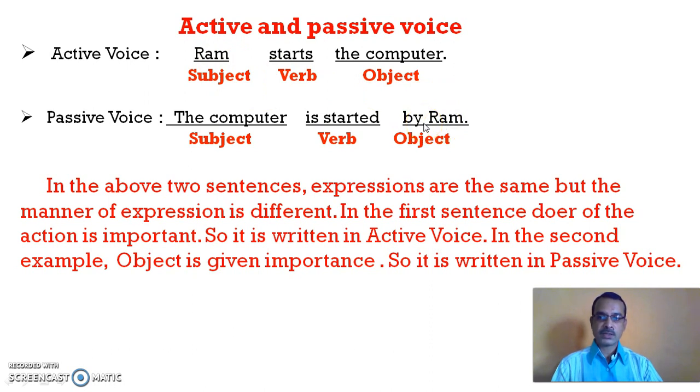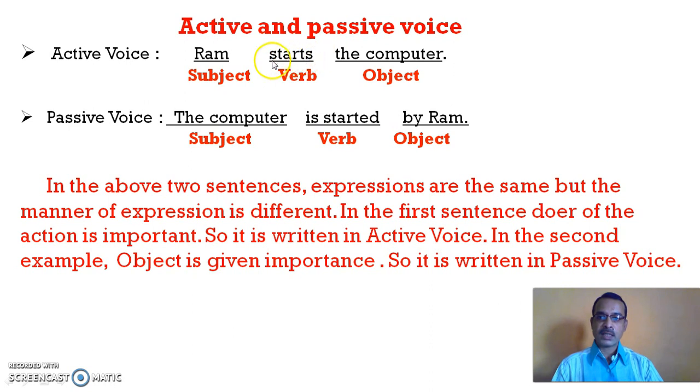It is so simple. So one more time, let me explain to you. This was the question. Ram starts the computer. Subject, verb, and object. The object of this question becomes the subject. Okay. Now it is singular. After that, we have to identify the tense. We can easily identify the tense from the verb form.